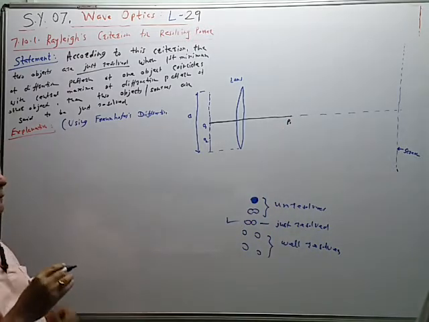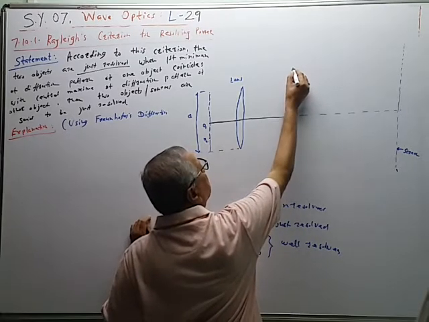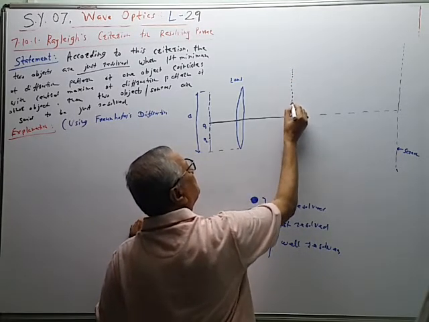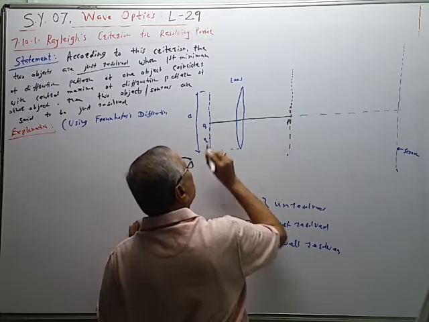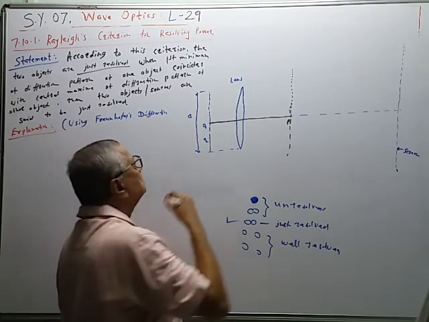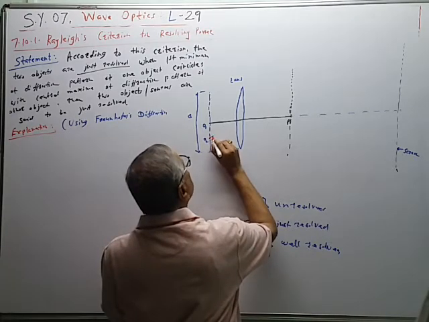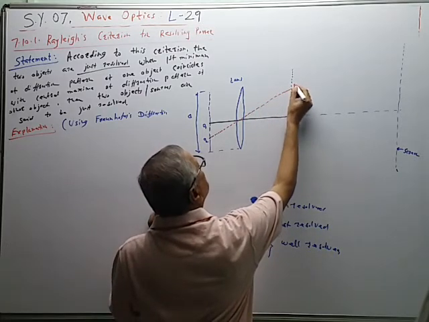So this is the image P1. Now this is the focal plane of the lens. Similarly, from O2 its image is formed here, P2.